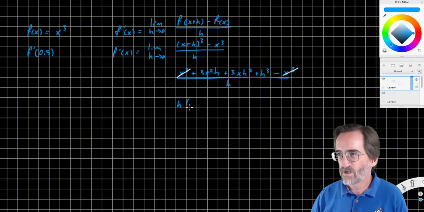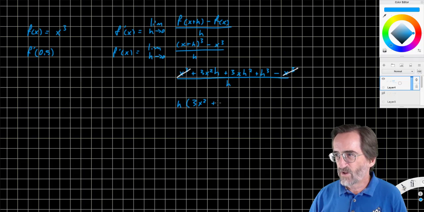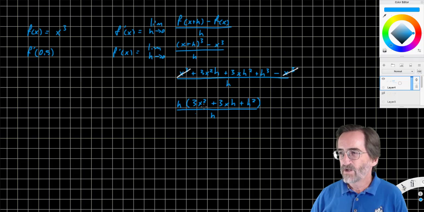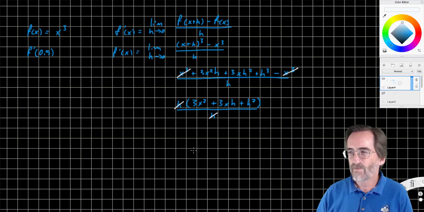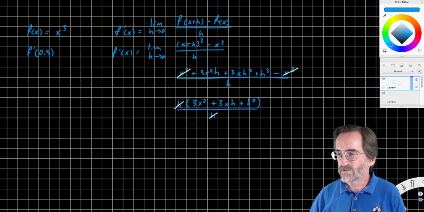So h leaves 3x squared plus 3xh plus h squared, just factoring an h out of the terms that are left. And divided by h, the h's cancel. I could have done this in a single step, right? And all that's left is 3x squared plus 3xh plus h squared.